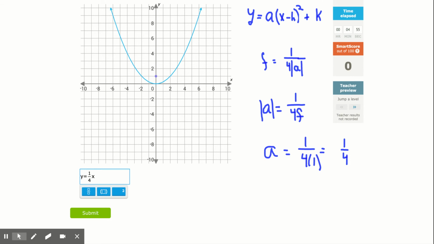We just do x squared. And then our k is also 0, so we would just put plus 0, but we don't need to do that. So the equation in vertex form of this parabola is y equals 1/4 x squared.